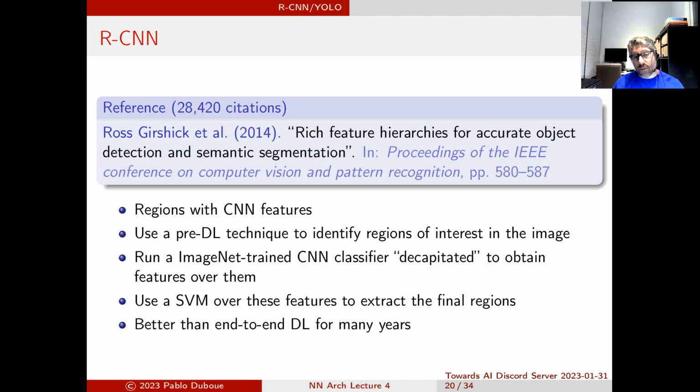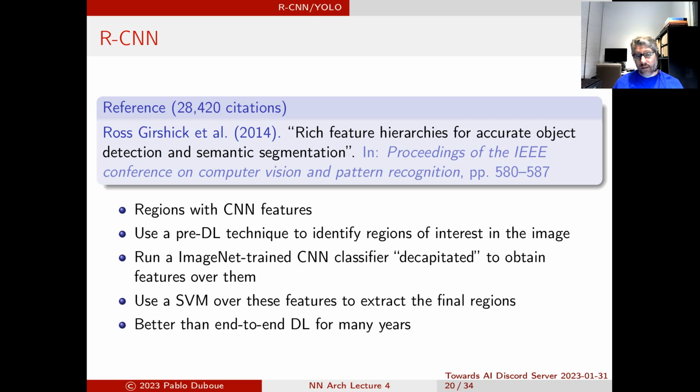R-CNNs were proposed by Ross Girshick in 2014. This was a time when people were still using a lot of pre-deep learning techniques, so they were trying to get the best of both worlds, the best from the pre-deep learning world and this new information coming from CNNs.